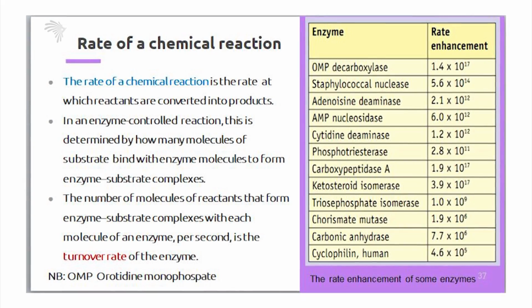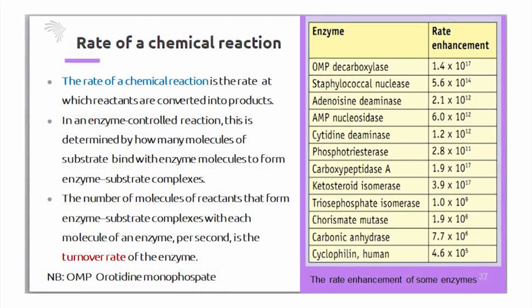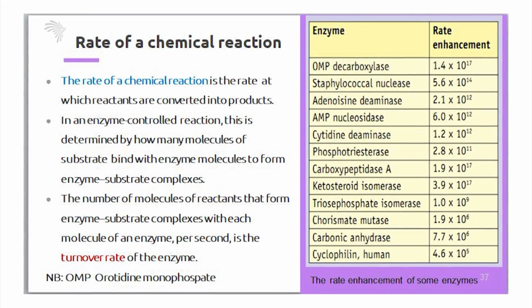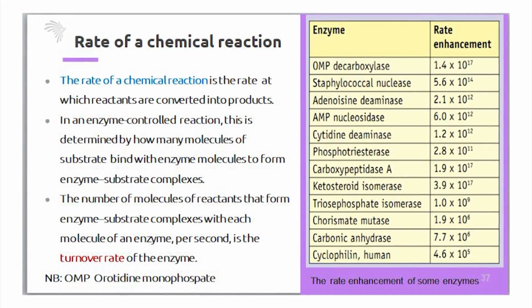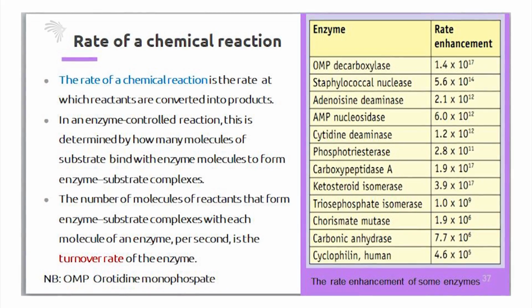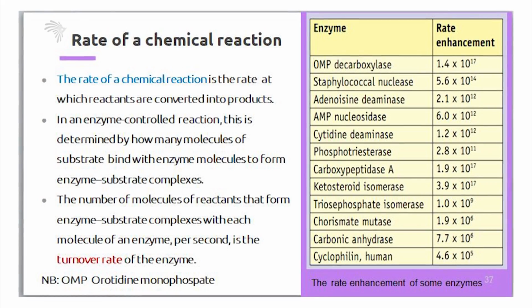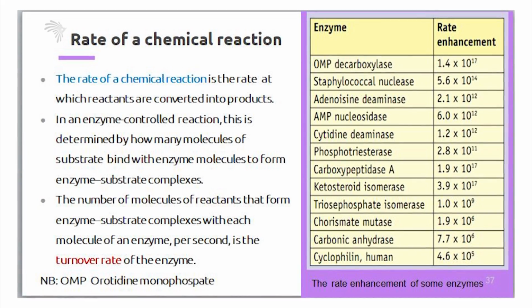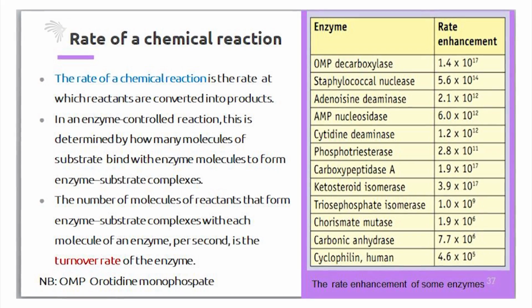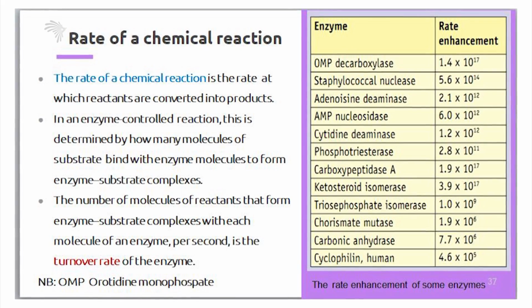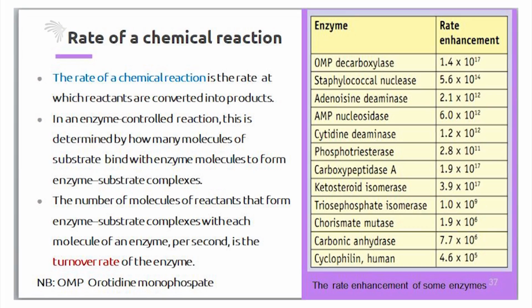On the left side, you can see in the table the rates of chemical reactions and the rate enhancement, and on one side the enzyme is given. For instance, OMP, orotidine monophosphate decarboxylase. This enzyme catalyzes a reaction at 1.4 times 10 raised to 17 substrate molecules per second.